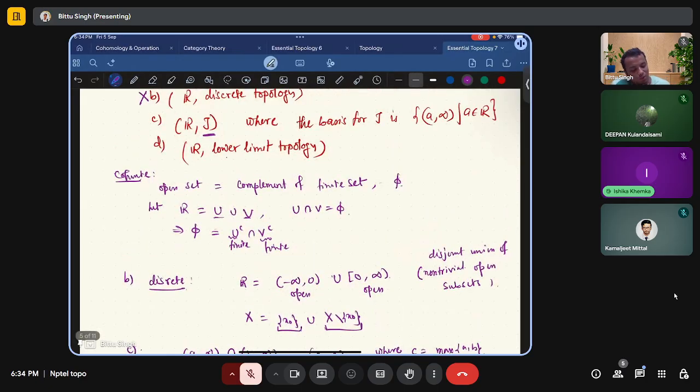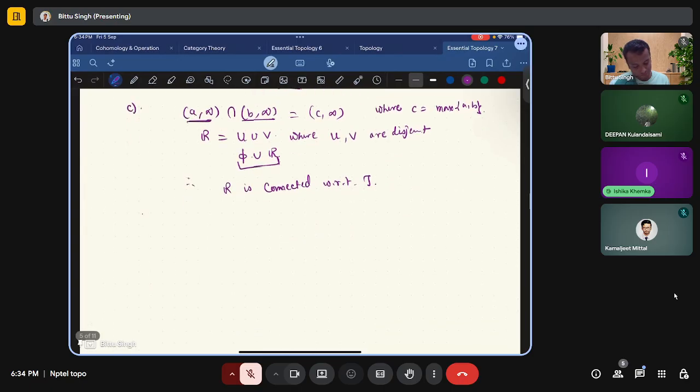Now, what about R with lower limit topology? So this is connected set because any two open set will overlap. So you cannot break R into two disjoint open set. So what about R with lower limit topology?